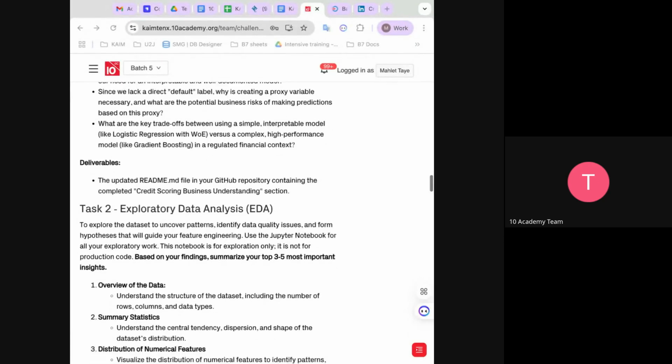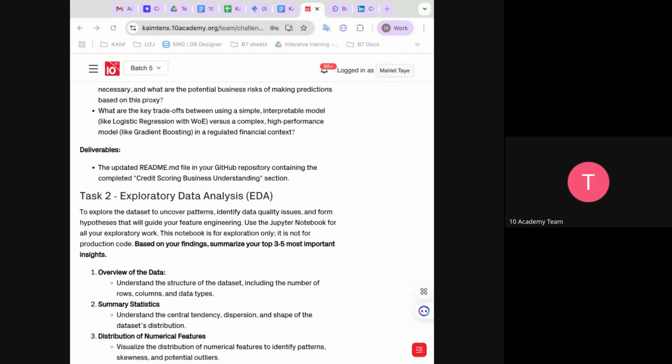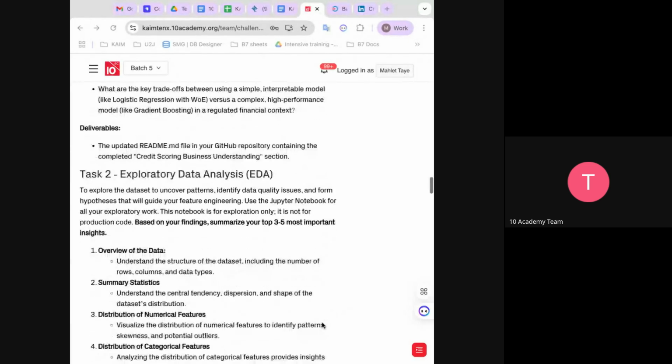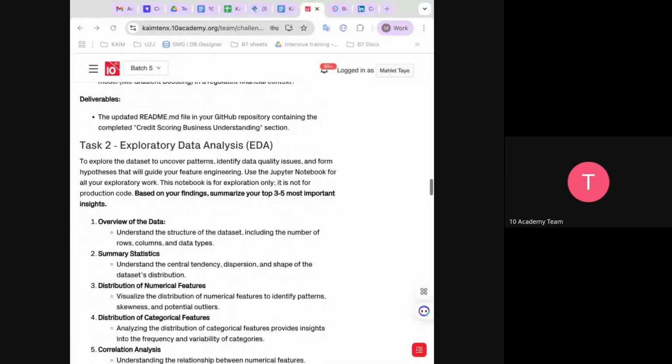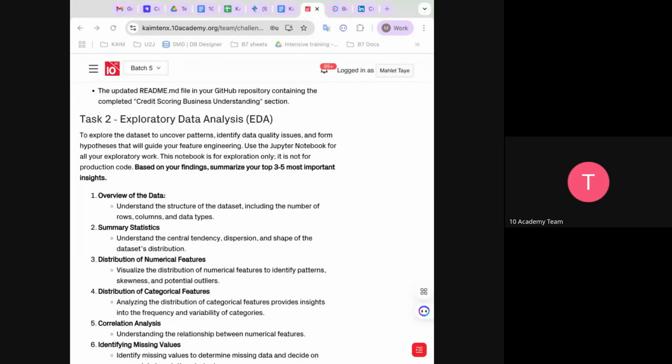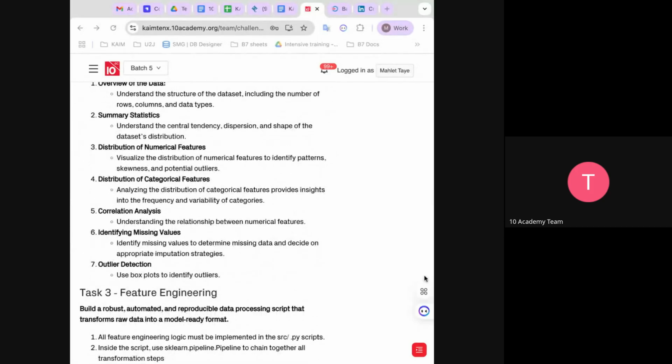As I have told you earlier, since we don't have any label that says this person will repay, we need to understand the data first. So once you understand the statistics, the distribution of the numerical features, the categorical features, or any correlation identified, you can explore that in task two.